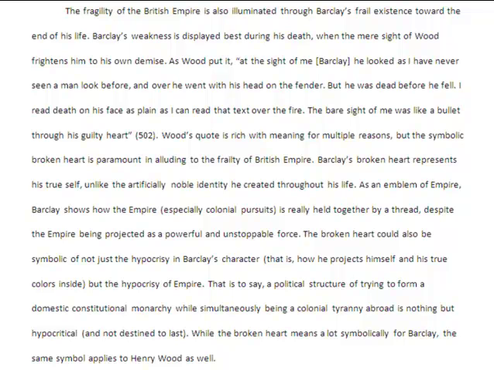The point is that this paragraph takes a character, Barclay, and uses his imagery and how Arthur Conan Doyle describes him in the story as a symbol for the British Empire overall.